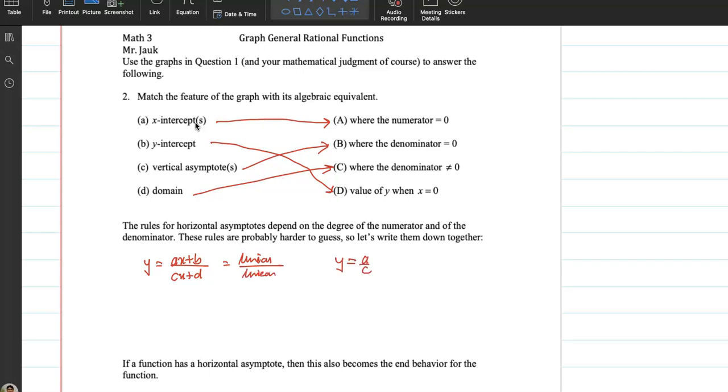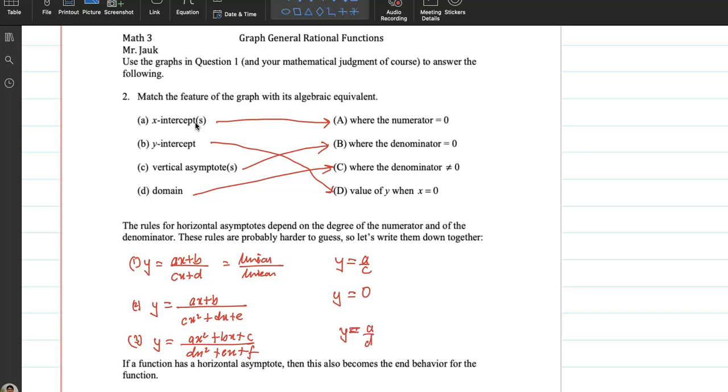Second, if you have y is equal to ax plus b upon, let's say, cx squared plus dx plus e, then y is equal to 0. And third, if y is equal to ax squared plus bx plus c upon dx squared plus ex plus f, then y is equal to a upon d.